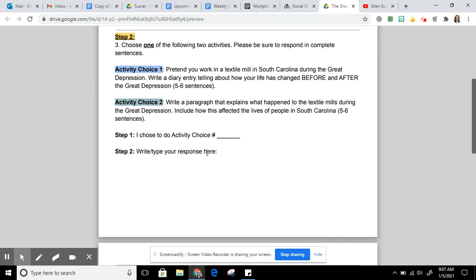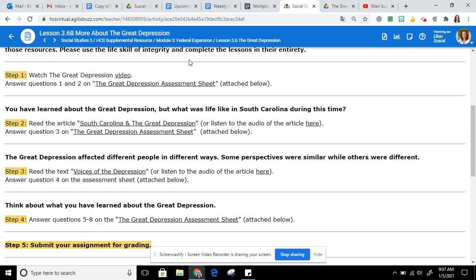You're going to place your answer down below. You're just going to fill in the blank: I chose to do activity choice number 1 or 2, whichever one you choose. Then below, you're going to write or type your response at the bottom of the page. So that's step 2, question 3.